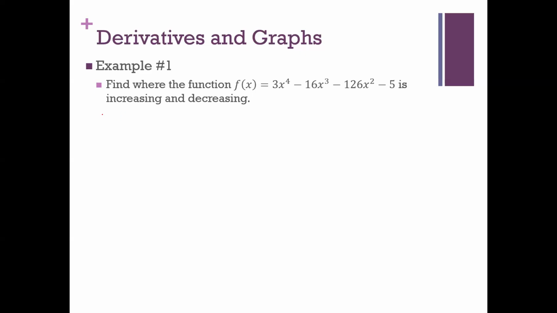So what is the derivative of f? 12x cubed, minus 48x squared, minus 252x, minus 1. That's just nothing. Derivative of 5 is 0. So this right here is our derivative.